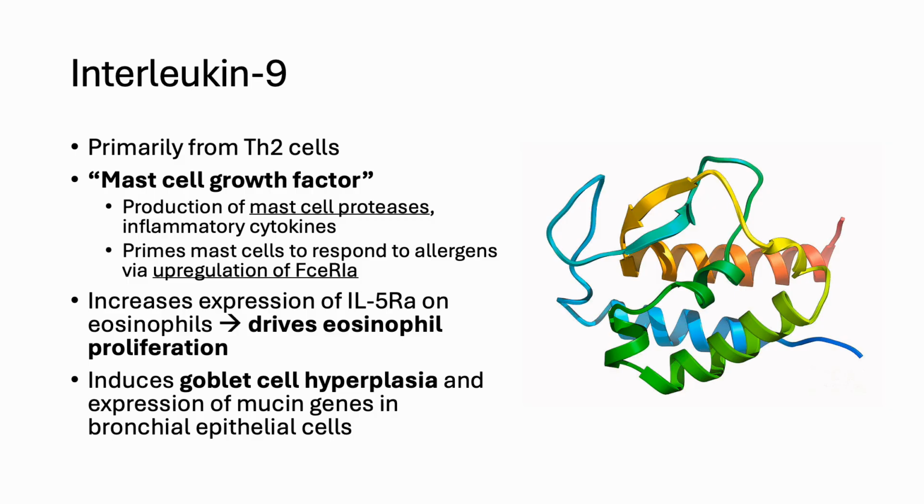And so IL-5RA on eosinophils is also going to be responsive to IL-9, and this is one of the ways in which we can connect mast cells and eosinophils on a direct axis. So the cytokine that's this mast cell growth factor is also directly responsible for eosinophil proliferation as well.